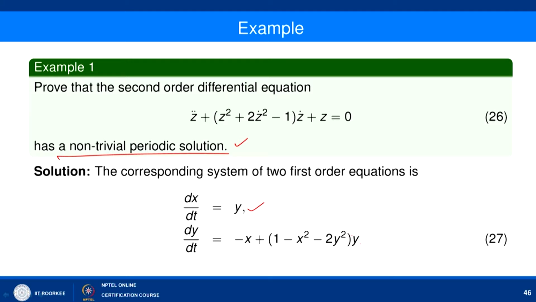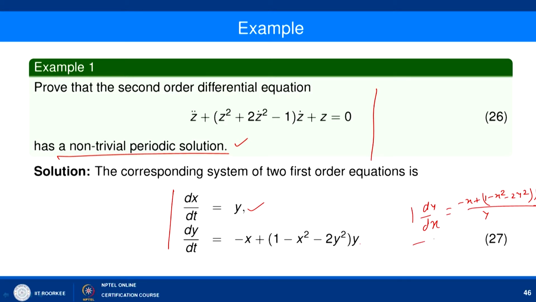Regarding this non-trivial periodic solution, we have also discussed this problem earlier. There we converted it into a system of two first order equations like this, and then we tried to find the orbit: dy/dx equal to minus x plus (1 minus x squared minus 2y squared) y, all over y.